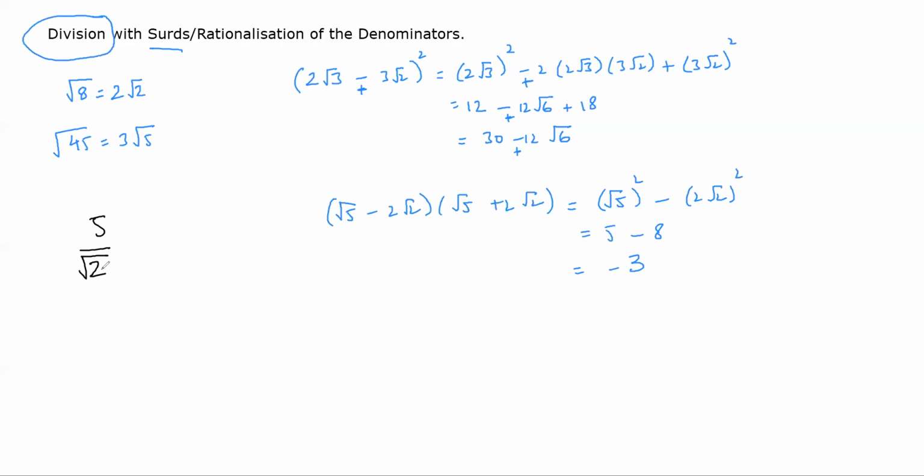Since this is an irrational number, this division is not like when you have 5 over 2 and you write it as 2 whole 1 over 2. The only way of dividing this 5 by under root 2 is to rationalize the denominator. We have to change this denominator from an irrational number to a rational number. In other words, we have to get rid of this square root over here.